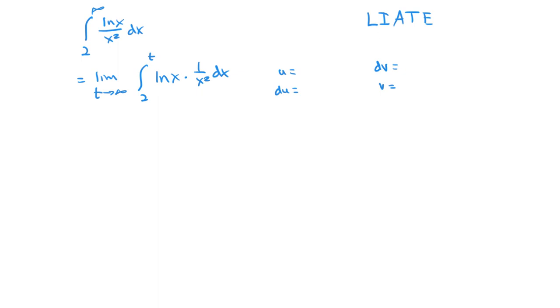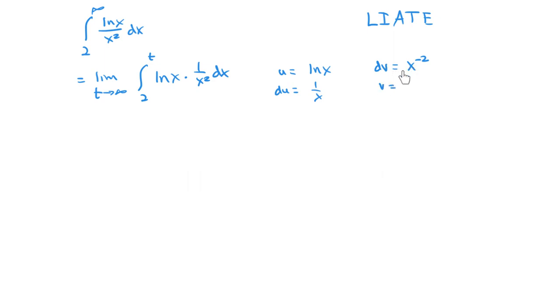So we will go natural log of x here, which means that over here we've got 1 over x squared, but I'm going to write it as x to the negative 2 because we're going to have to take the antiderivative. So over here, if u is ln of x, du will be the derivative of that, which would be 1 over x. And then over here, we have dv already, so to get v, we have to go in the other direction.